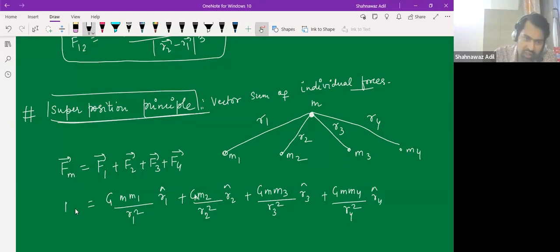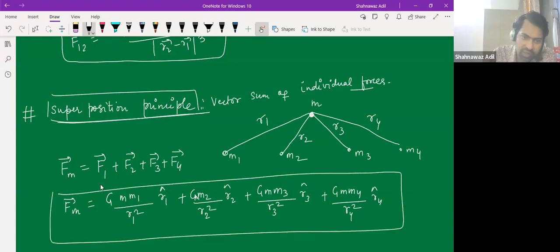So this is the superposition principle. All the forces will add vectorially. So it is the vector sum of the individual forces.